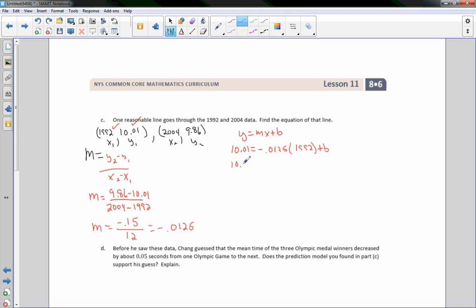So 1992 times negative 0.0125 comes out to be negative 24.9 plus b.